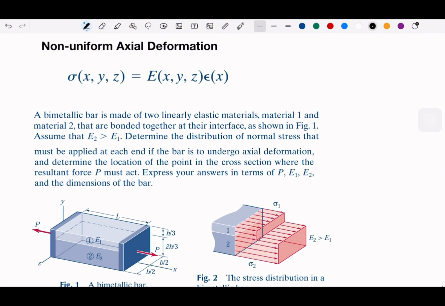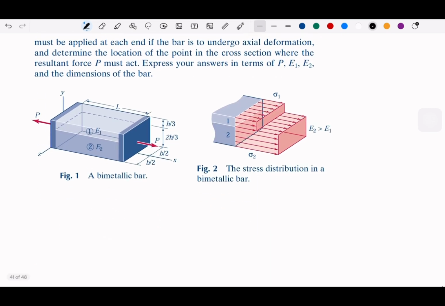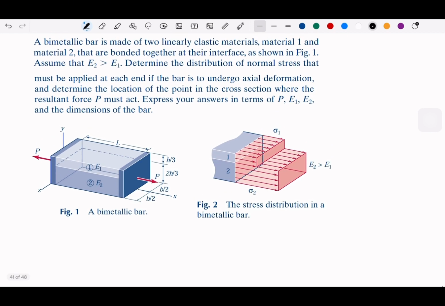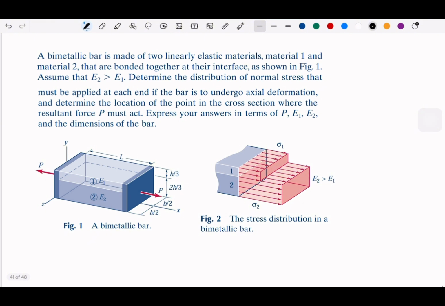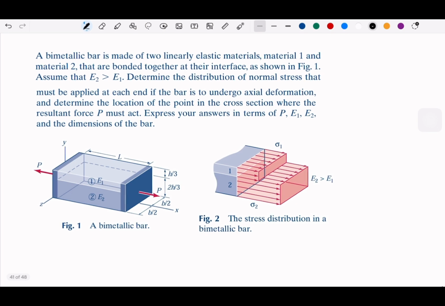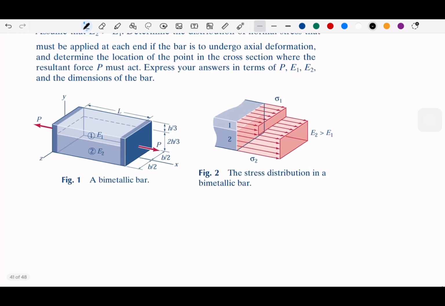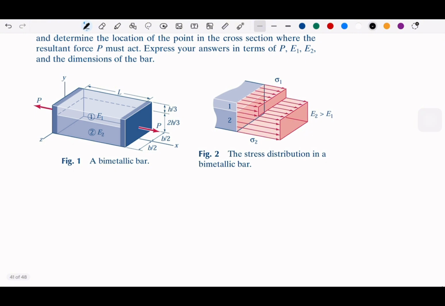Okay, so now if we go through with what we have here, the strain, I think, so we need to assume that the strain is constant.